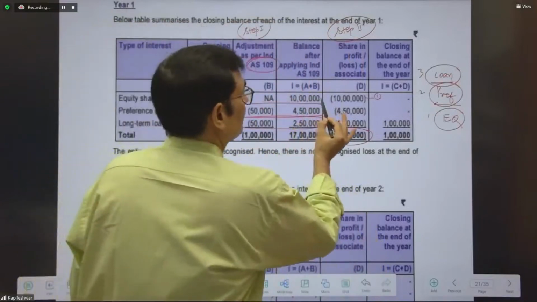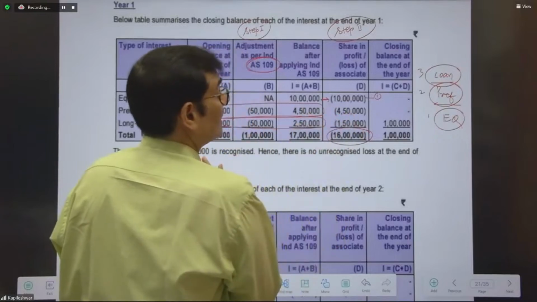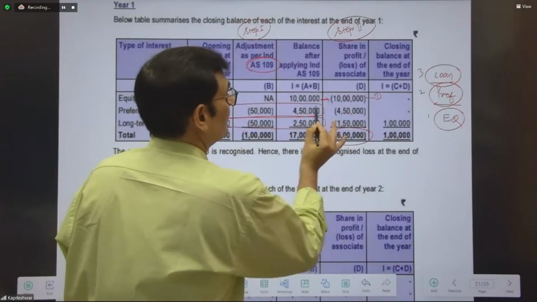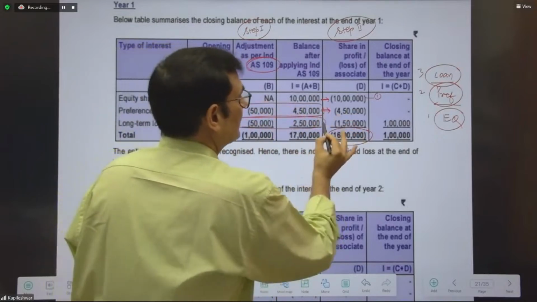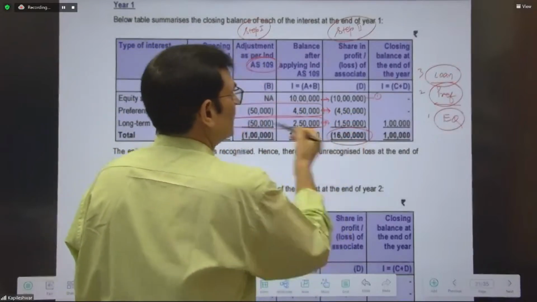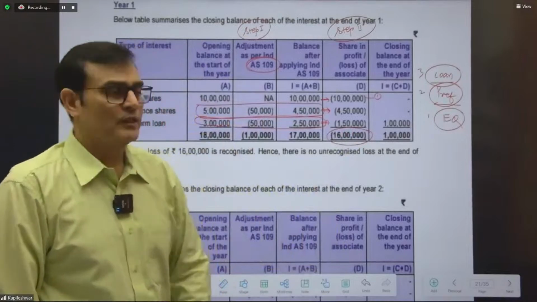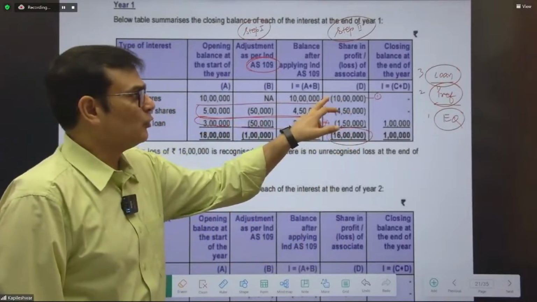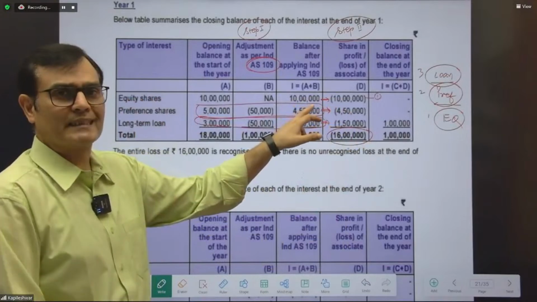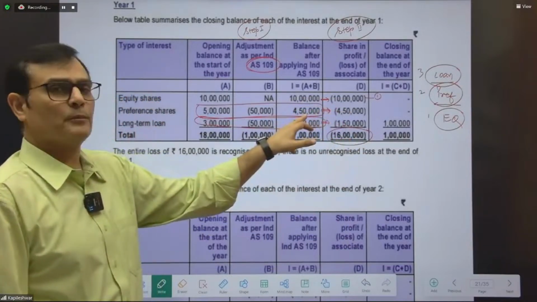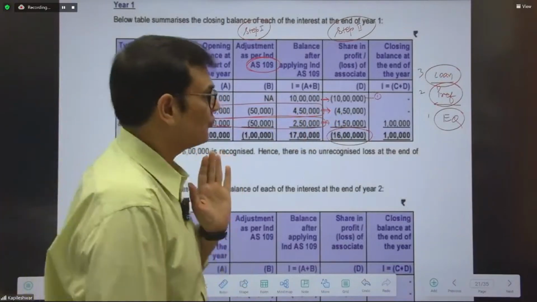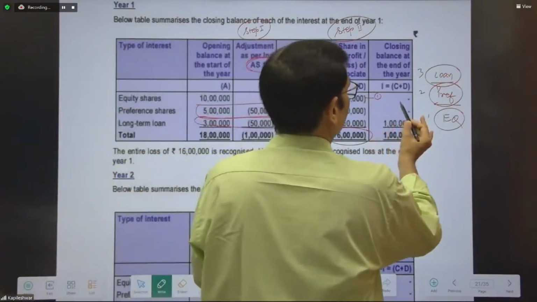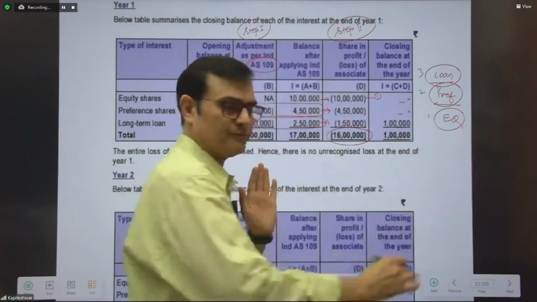So 10 lakh is given to the equity, then the loss goes to the preference, to the extent of book value 450, and the remaining 150 is given to the loan. So out of 16 lakh, 10 lakh goes to equity, leftover is 6 lakh. 450 goes to the preference, leftover is 150. He bears the remaining 150. So the new value of the investment is 0, 0, and 1 lakh.